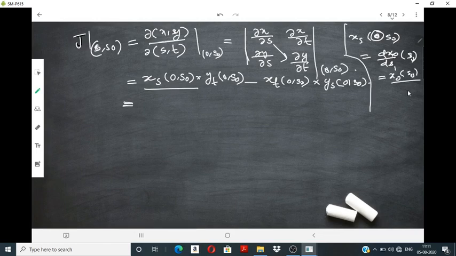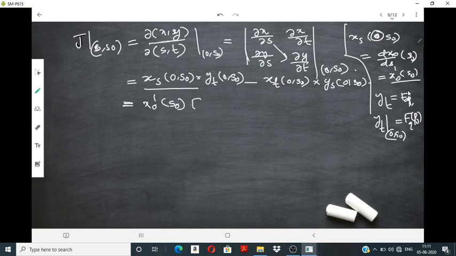So we can rewrite this as x naught dash at s naught into yt. From the second characteristic equation, we know that yt is equal to fq. So yt at the point 0 is not is actually fq at the point p naught, isn't it?